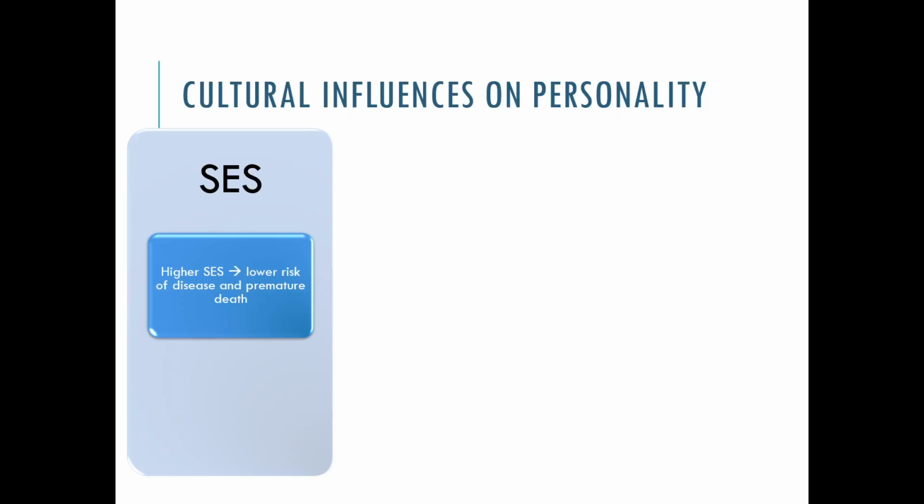People who come from higher socioeconomic status have a lower risk of disease and a lower risk of premature death. So there's already something going on that might have an impact on personality, right? That you have a higher likelihood of making it into adulthood. You have a lower risk of experiencing chronic disease at a young age, or deadly disease.